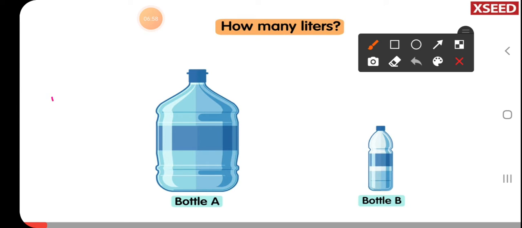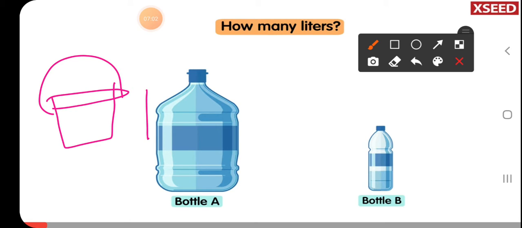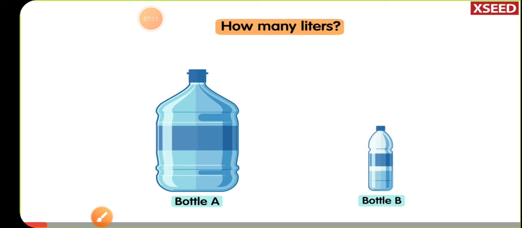Suppose you are taking a bucket and a water bottle, which one has more capacity? A bucket has more capacity because the size of the bucket is bigger. That means even by seeing the size of the container, you can tell about the capacity of the objects.